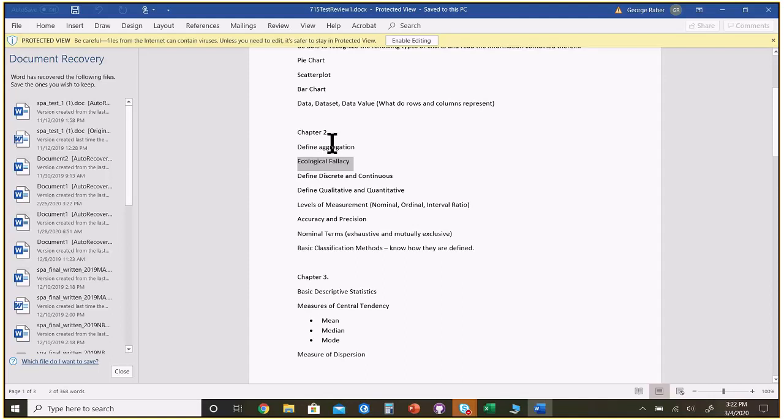So the aggregated value is a summary of the data. It's not the individual records in that data. That's the ecological fallacy, is saying, oh, well, the average income in that area is 10,000. And so if you live in that area, you must be really poor.